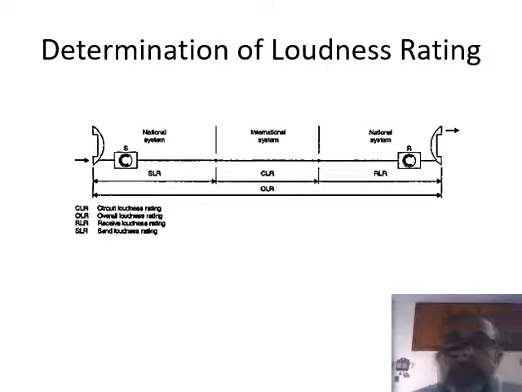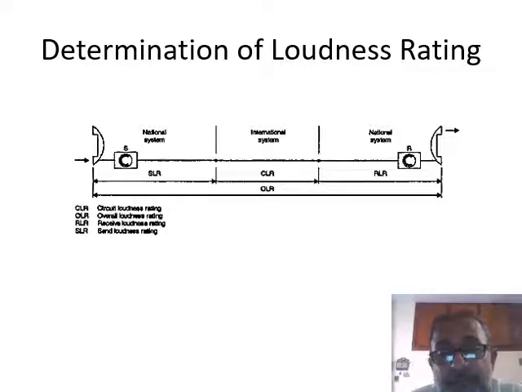This slide explains what the overall loudness rating is. From a telephone set to the local exchange, the overall loss of signal in dBs is called the sender's loudness rating.